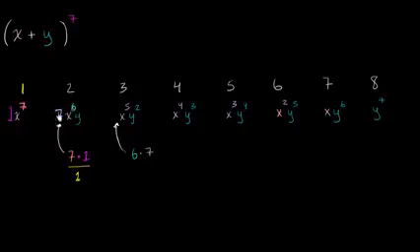So the x power of the previous term times the coefficient of the previous term divided by the actual, I guess you could say, index of the previous term. So divided by 2. So what is that going to be? This is equivalent to 3 times 7, so this is going to be equal to 21.